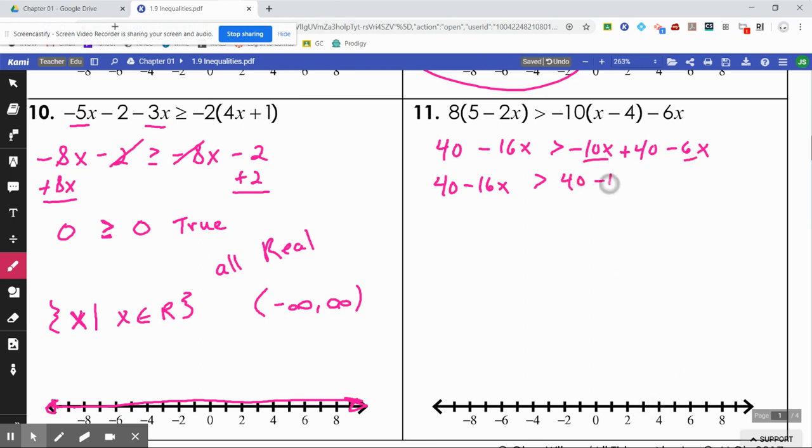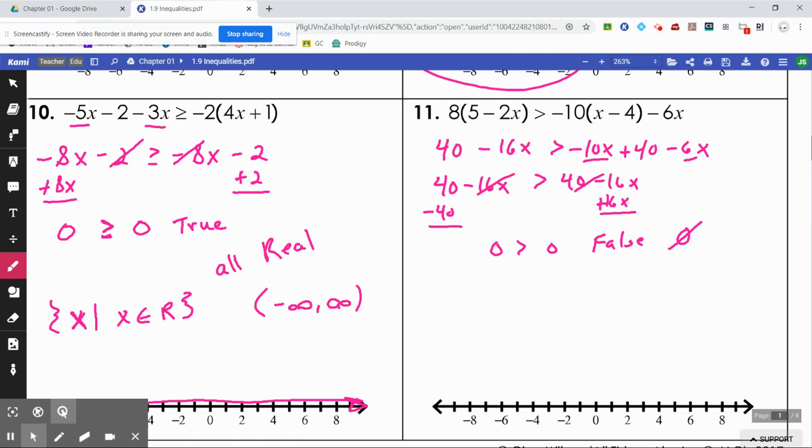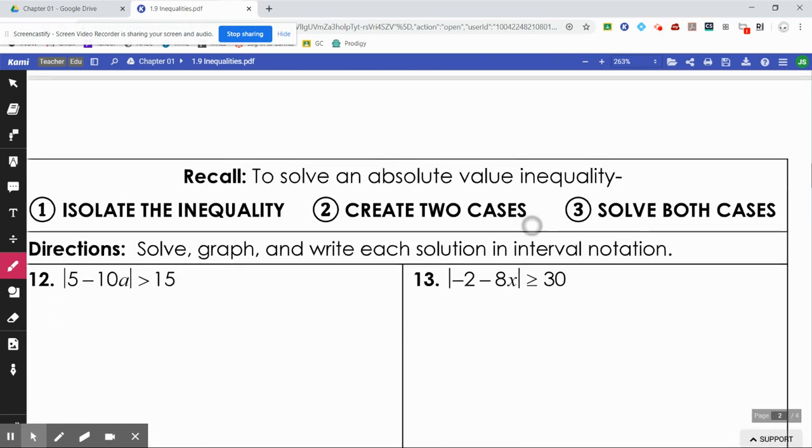Combine your x's and you get minus 16x. And it's the same on both sides. However, when you move your 40 over and you move your 16x over, you end up with 0 is greater than 0, which is a false statement. So anytime you have a false statement, then there is no solution to this inequality.